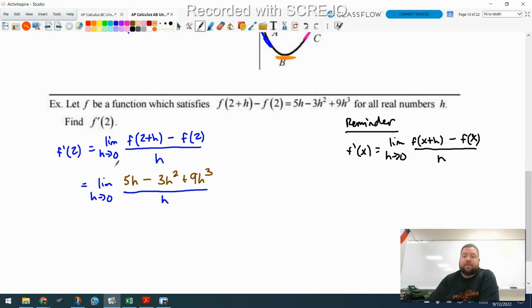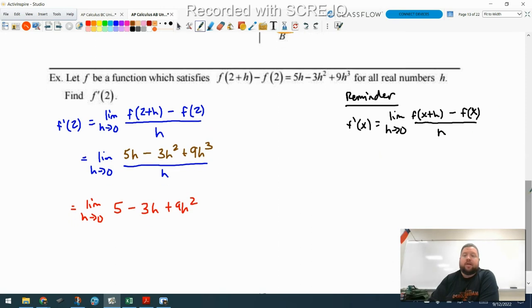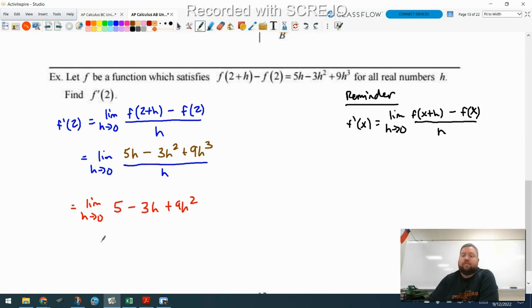All right, we can simplify by dividing everything by h. The limit as h approaches 0, we get 5 minus 3h plus 9h squared. Then you can solve by direct substitution, plug in 0 for h, and that's going to zero out both of those terms, and you get 5.